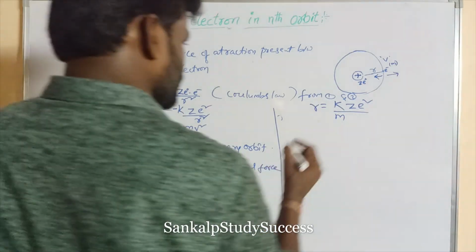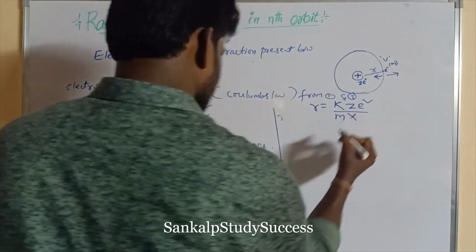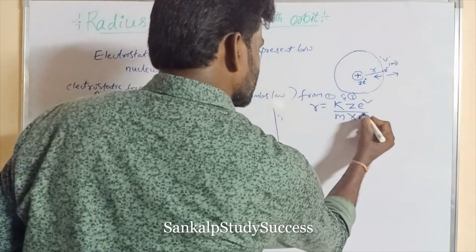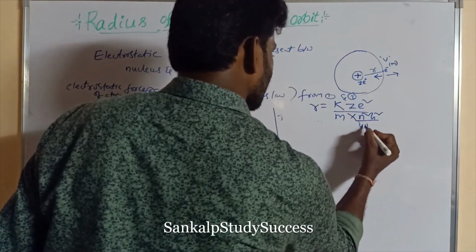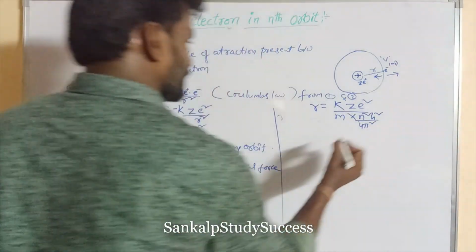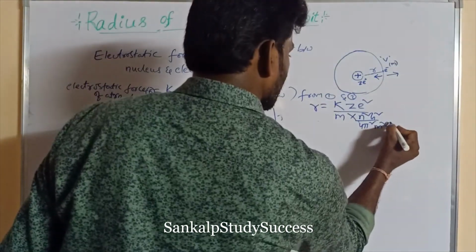This value is substituted in this position, n square h square by 4 pi square m square r square.